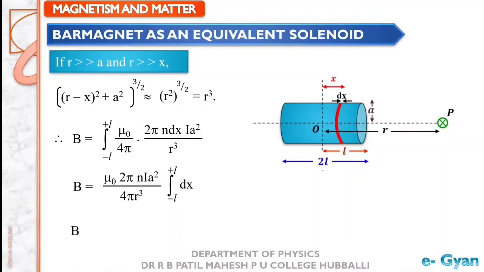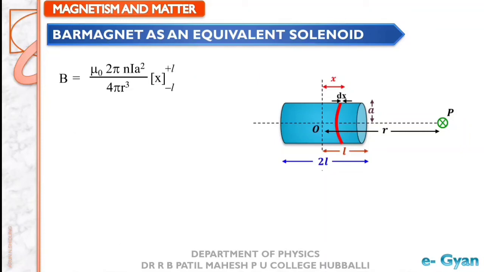If we integrate dx from minus L to plus L, we get the term x with the upper limit plus L and with the lower limit minus L, as you can see here on the screen.